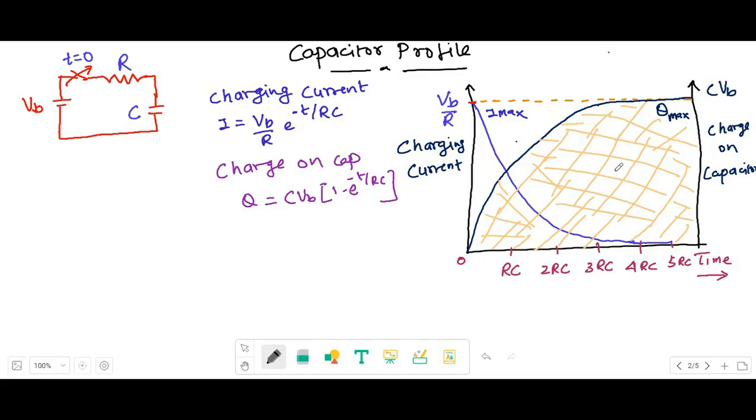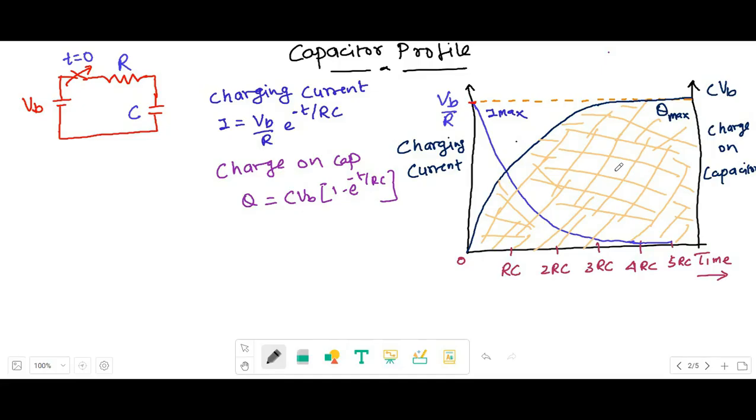That is your charging current. A capacitor usually takes 5 time constants to reach 99% of its charge. So let's say you have 0 time constant here, then 1, 2, 3, 4, and 5 time constants.